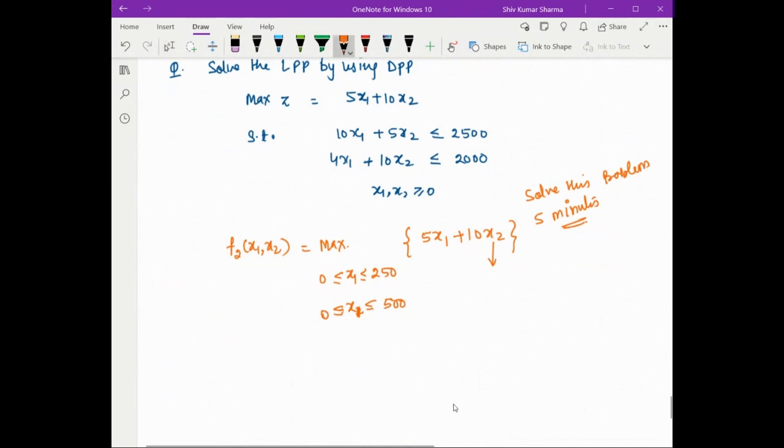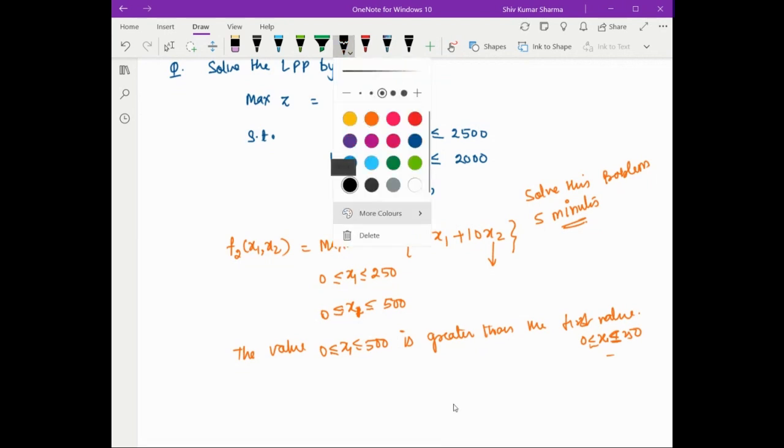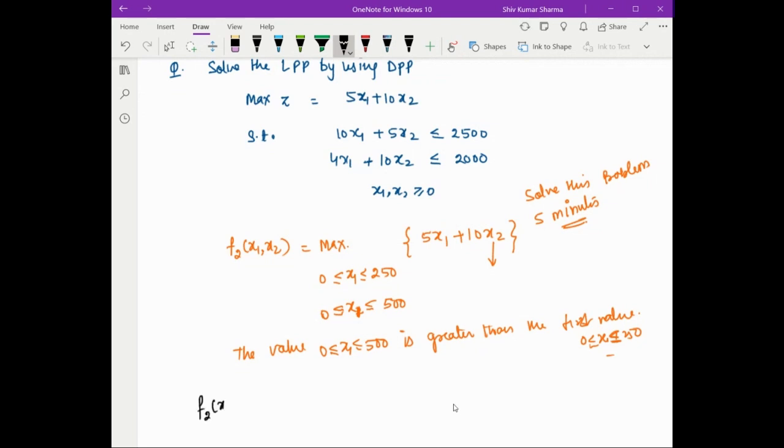So we consider the first one, the value of x1 from 0 to 500 is greater than the first value, so we consider this one. We consider this value for x1, x2.